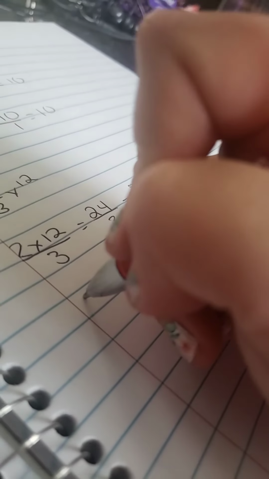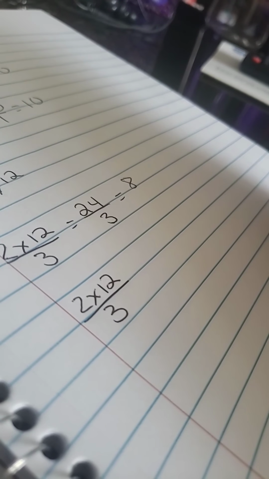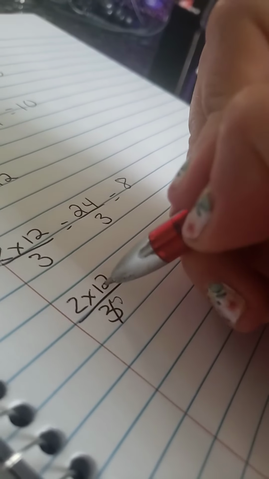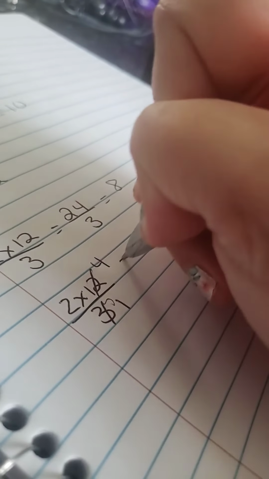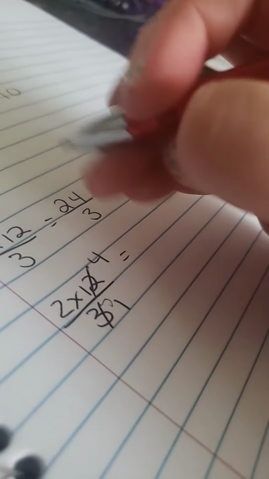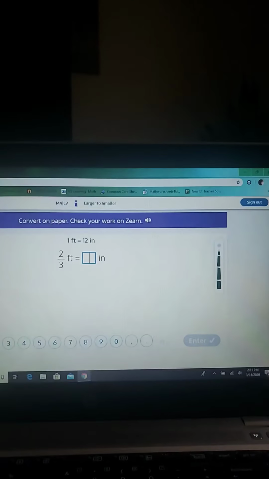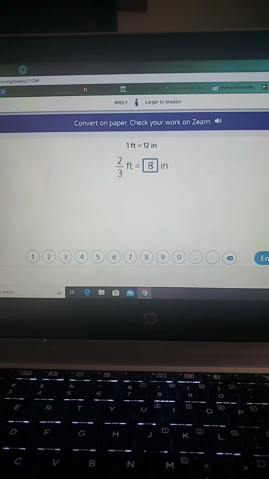Or, can 3 go into 2, or can 3 go into 12? 3 can go into 12, so cross off these two. 3 into 3 once, 3 into 12, 4. So an easier problem, 2 times 4 is 8 over 1, which also equals 8. Either way you guys want to solve that is totally fine with me.